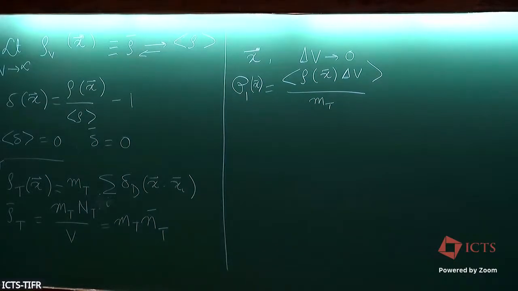So this rho by M will give you the number density. So if on average the number density is high at this point, then you are more likely to find a tracer, and vice versa.